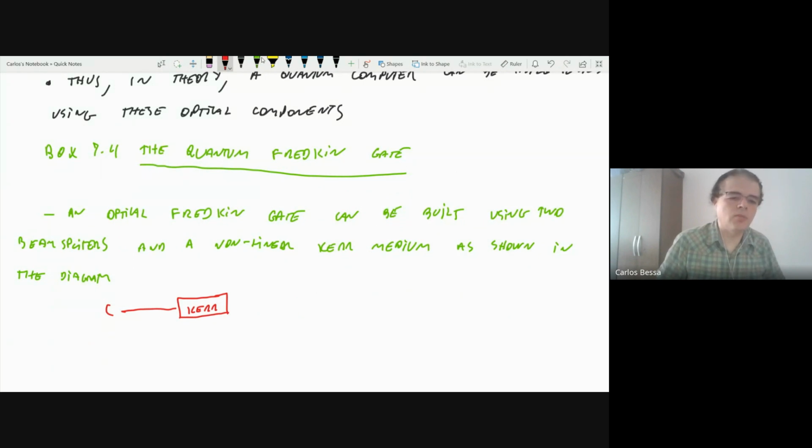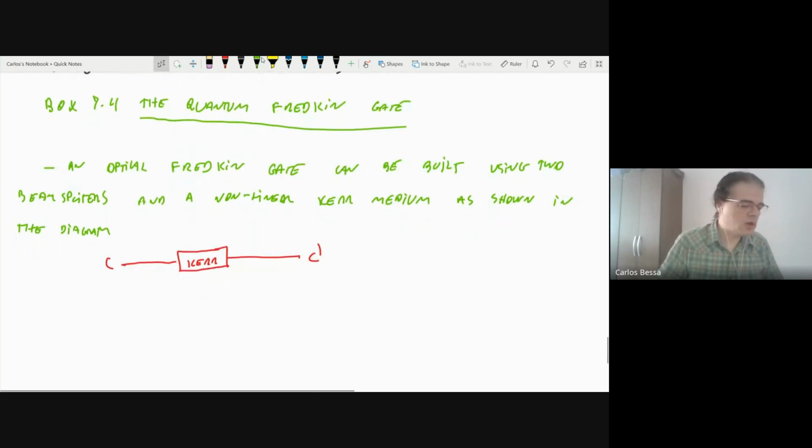If I have a mode, let's call it c, in the input, in the output I have c prime. And this is the Kerr medium, and associated is a beam splitter, a B operation. So I have here the modes I'll call small b and a.